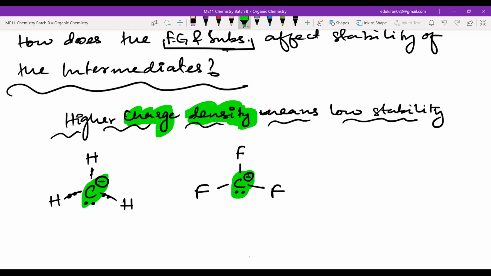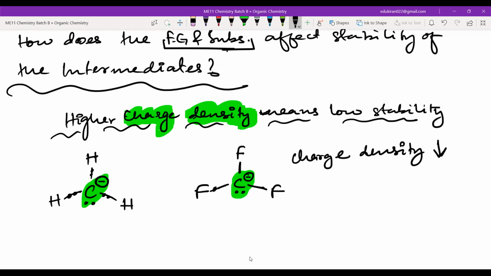But in the CF3 case, what would have happened? The electron pair would have been attracted, so the carbon will have less electron density towards itself. Fluorine will be attracting the electrons from carbon, and the charge density would decrease, because electronegativity is the pulling of electrons. Initially, all the charge is on carbon, negative.